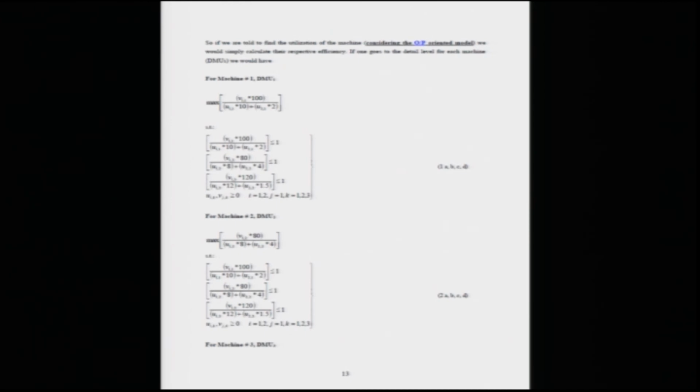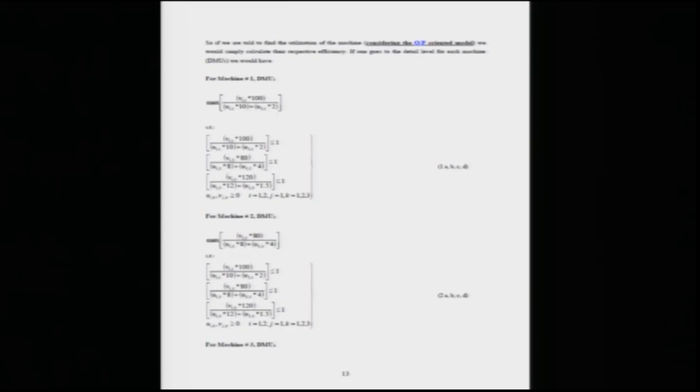Similarly, when I go to the formulation for the second and the third, I will initially concentrate only on the objective function and then give very general feedback about the constraints. So for machine 2, DMU 2, this is a maximization problem, sorry, I should have repeated it, but I am sure you understand, because this is an output oriented model.